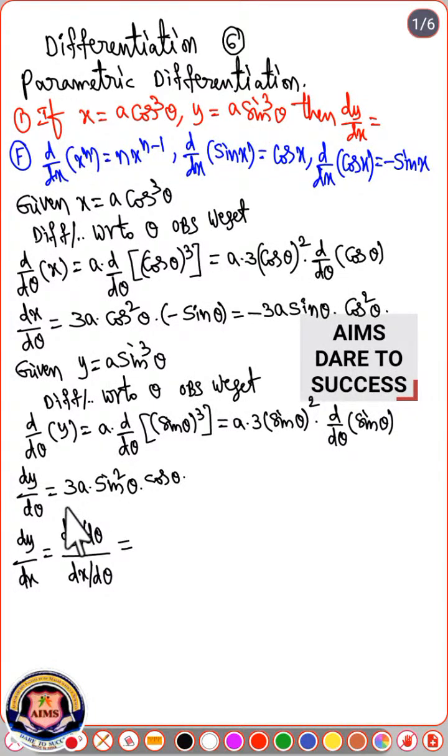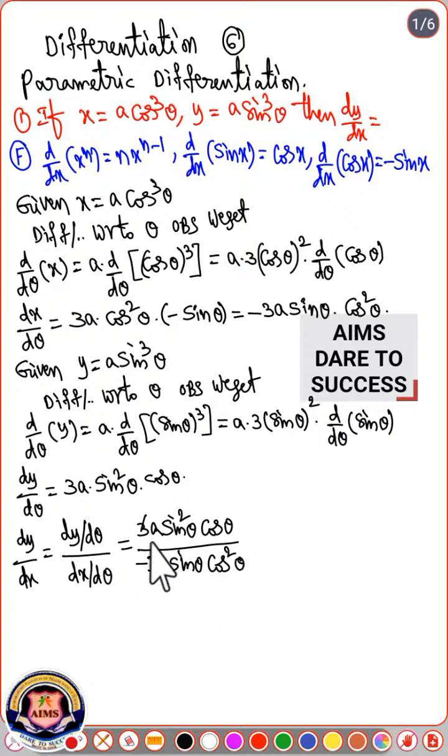The dy by d theta value is 3a into sin square theta into cos theta, divided by the dx by d theta value, which is minus 3a into sin theta into cos square theta.